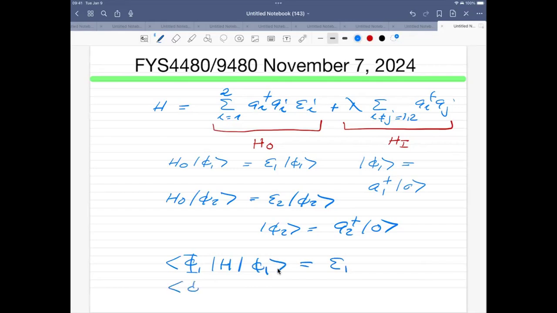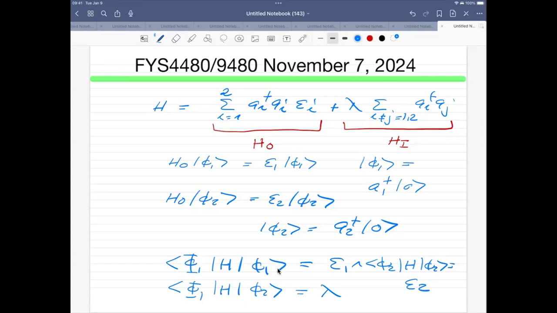Similarly, we had phi 1 of H of phi 2, which was simply equal to this parameter lambda. And then we had phi 2 of H of phi 2, which was simply equal to this epsilon 2 energy. And then we could easily set up the Hamiltonian matrix, and we can diagonalize the whole problem.